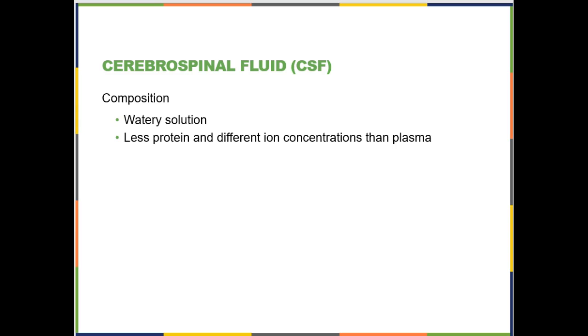Then you have the cerebrospinal fluid, which they contain. Basically, you want to know that it is very similar to plasma, the biggest difference being less protein. I'm not sure what the ion concentration differences are, but it's not hugely important for us.